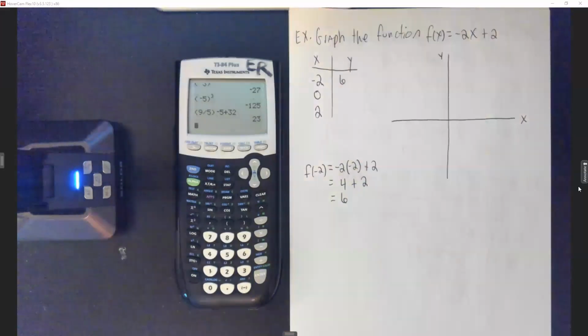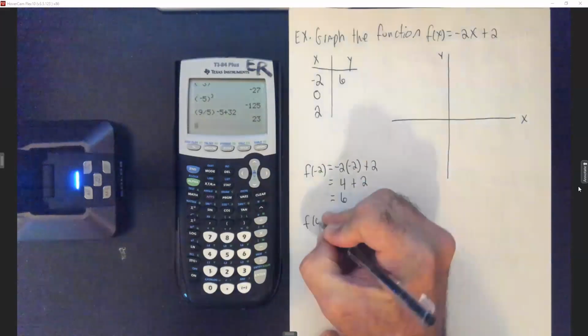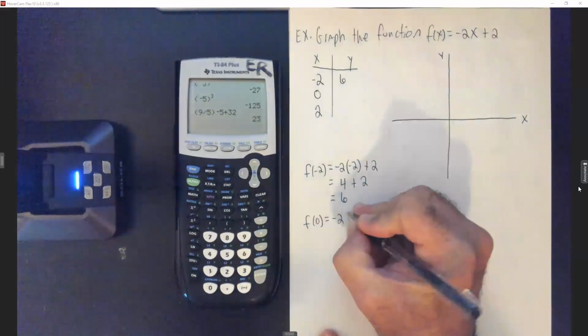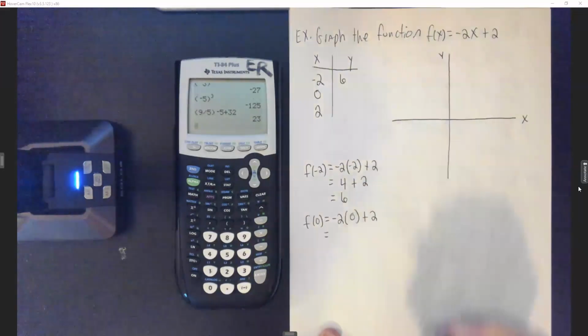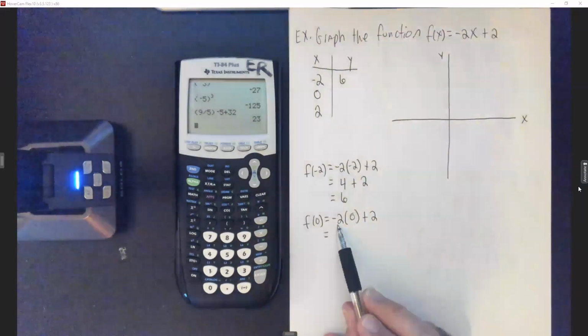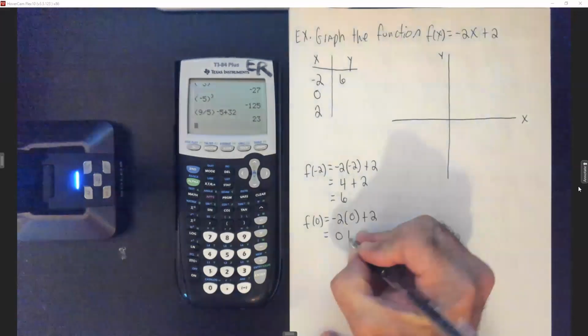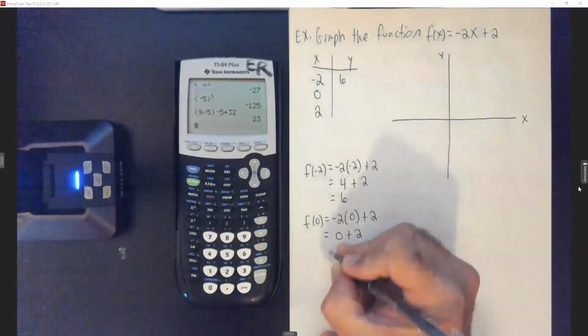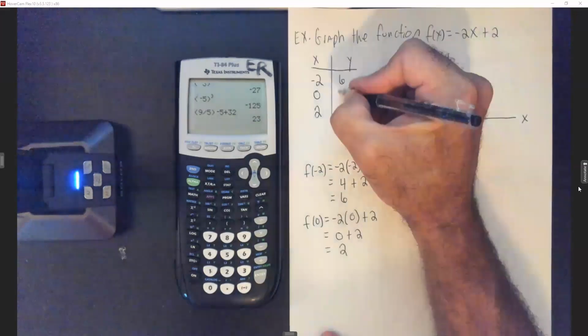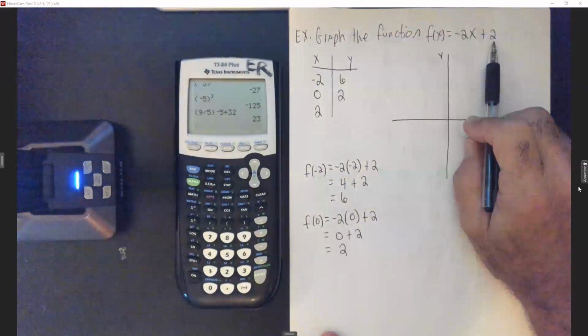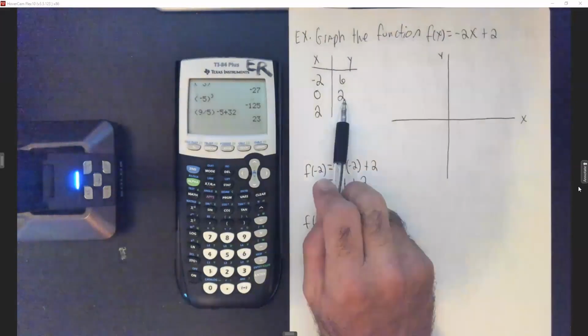Then I would find f of 0. That's going to be negative 2 times 0 plus 2. Y'all, negative 2 times 0 is 0. And 0 plus 2 gives me 2. So I would put my 2 there. But we knew that because 2 is my y-intercept, which means when x is 0, that's my y-intercept.